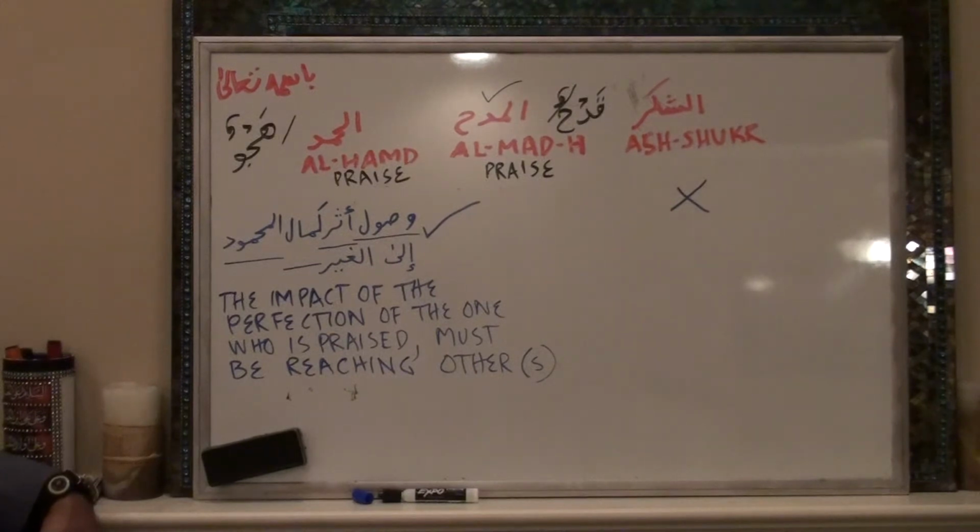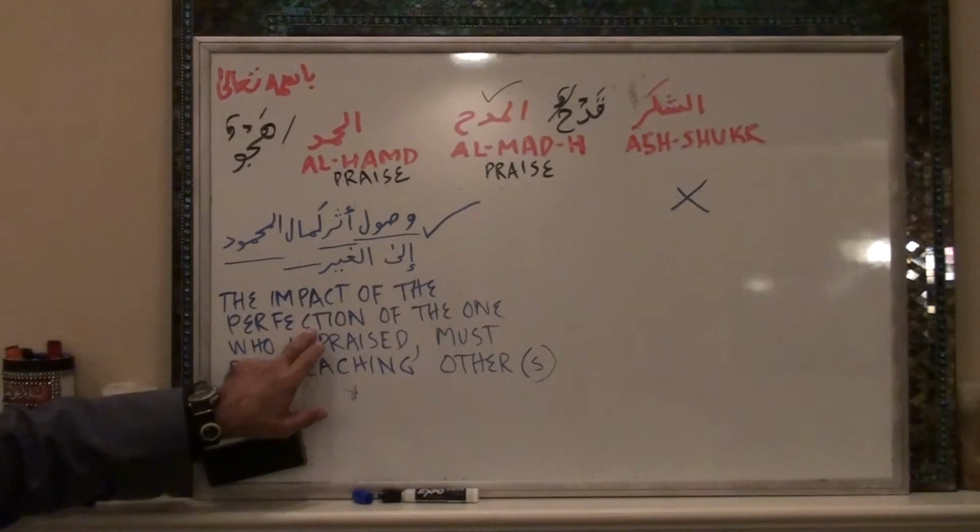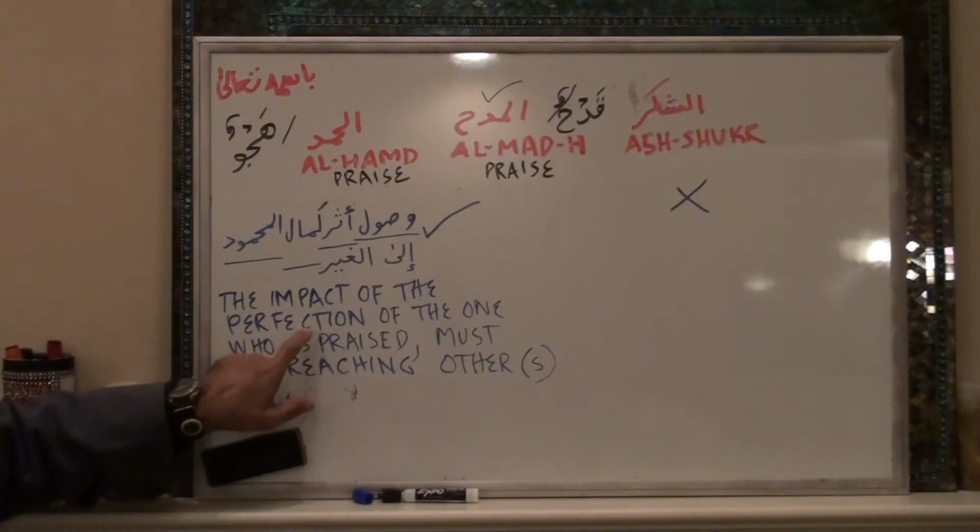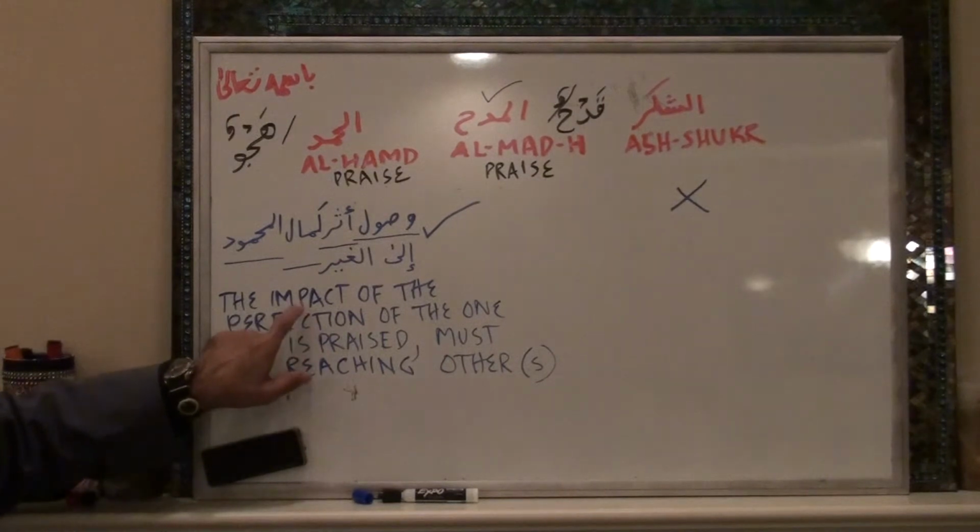If this is not there, you cannot use the word hamd in Arabic. The impact of the perfection, that attribute of perfection upon which you are praising someone, there is an attribute of perfection. Something which is perfect, right? So that attribute of perfection has an impact.